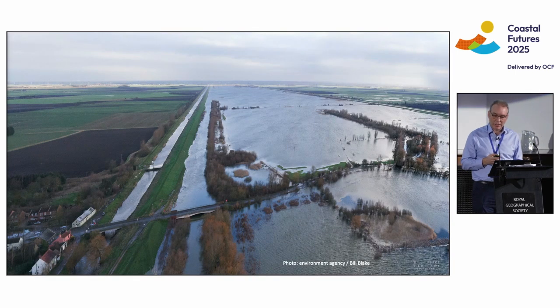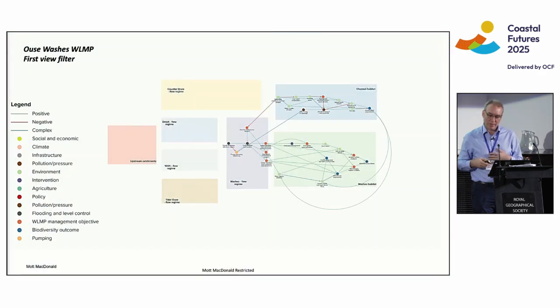I'm going to jump onto the Ouse Washes, 30 kilometers of 3 parallel rivers and a washland between them. In this map, it was about the interaction between biodiversity, agriculture, flooding and estuarine action.